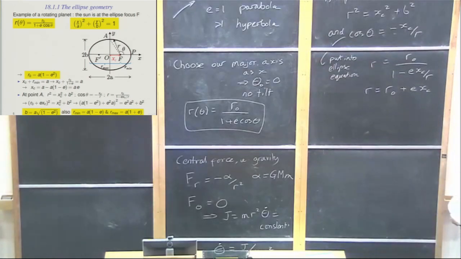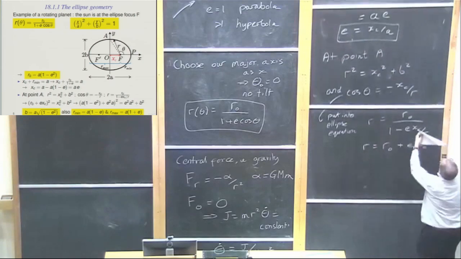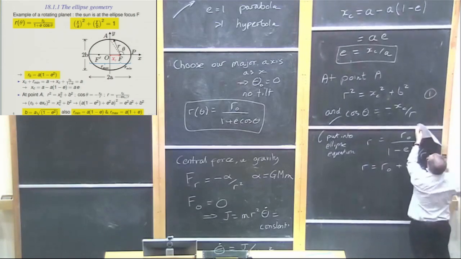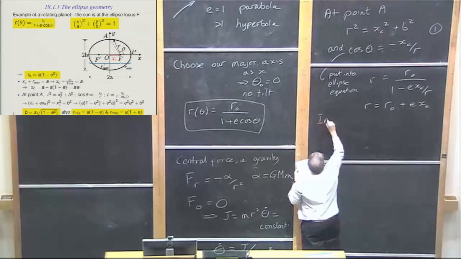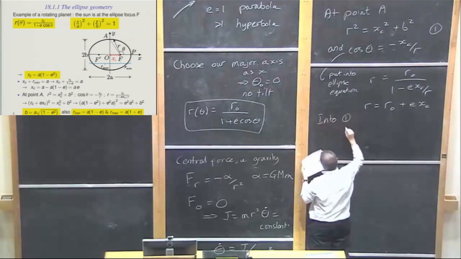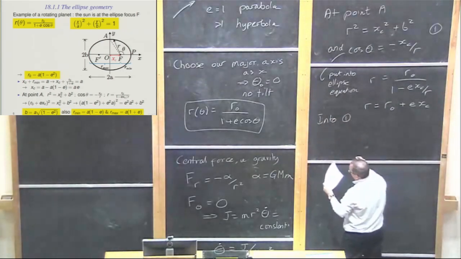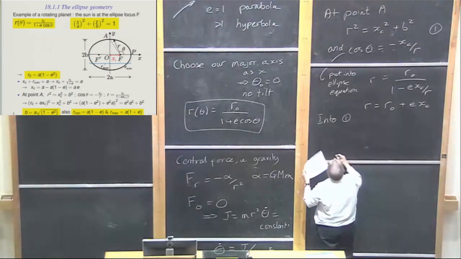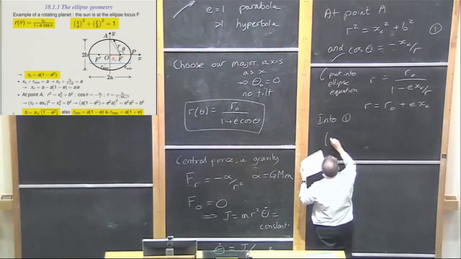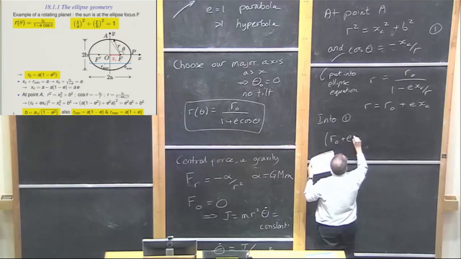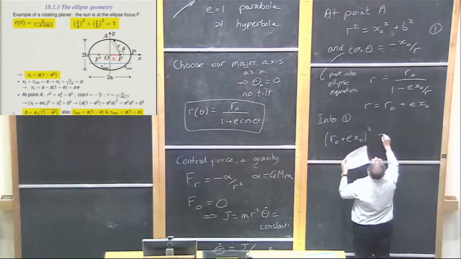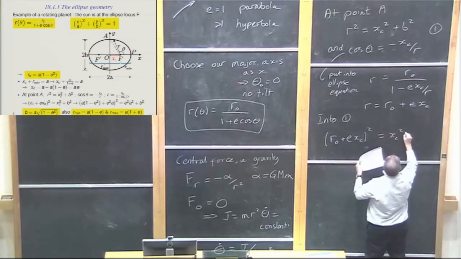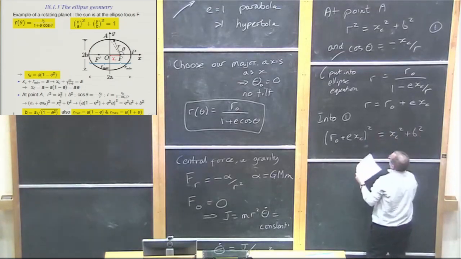Right, so now let's call this 1. So let's put that into 1. I promise there's not much more of this, we're almost at an end. So we get r0 plus e xc squared equals xc squared plus b squared.